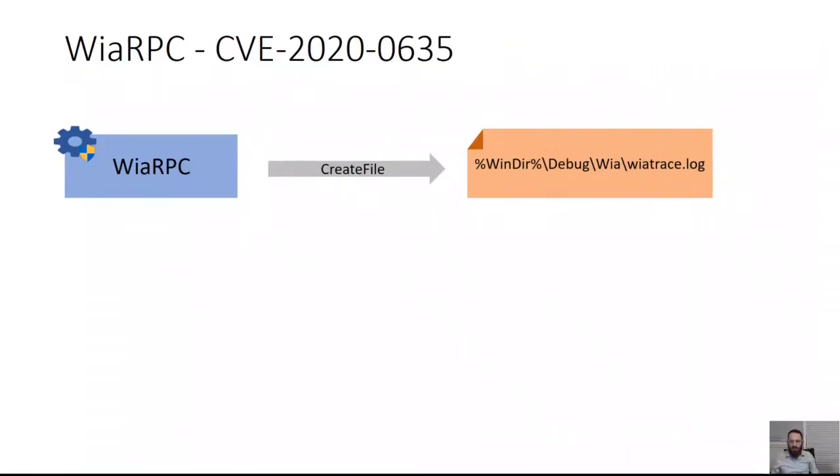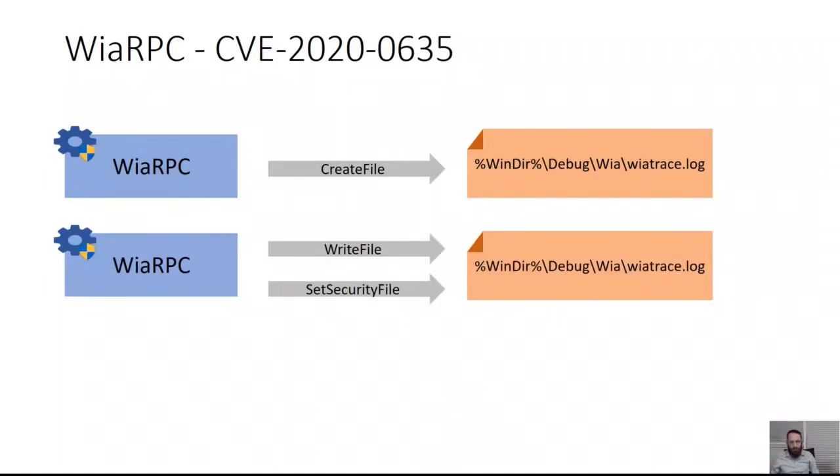We have a service that is implemented in a DLL, WIA RPC. As you can probably guess, it is an RPC service that allows the user to interact. By interacting with WIA RPC, in turn, the service creates a log file in windir debug WIA, which is writable by a regular user.